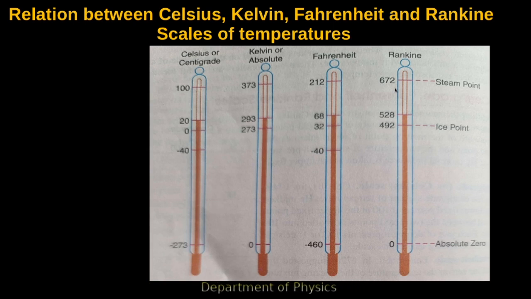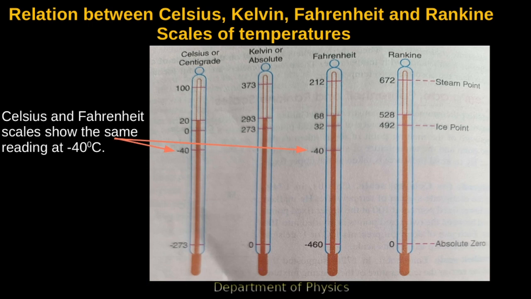The temperatures of absolute zero, the melting point of ice and the boiling point of water are measured on the Celsius (centigrade), Kelvin (absolute), Fahrenheit and Rankine scales. At minus 40 degrees centigrade, the Celsius and Fahrenheit scales show the same reading.